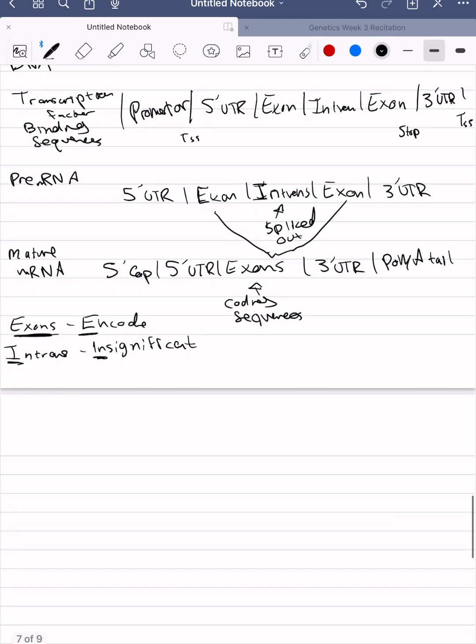So the 5' cap, which is added, its function is to protect the mRNA from degradation. And it also assists the ribosome with translation.